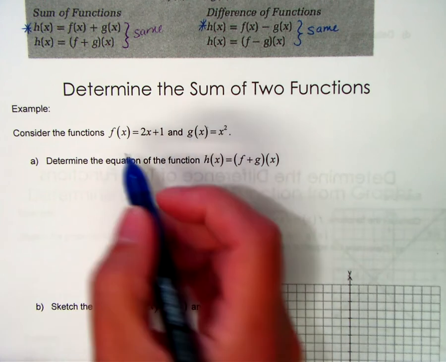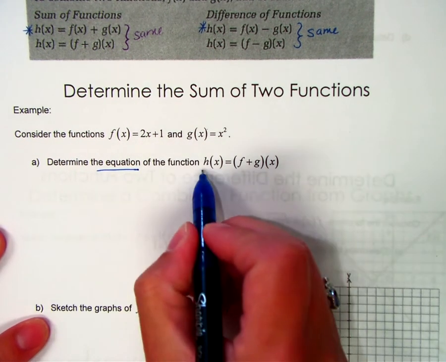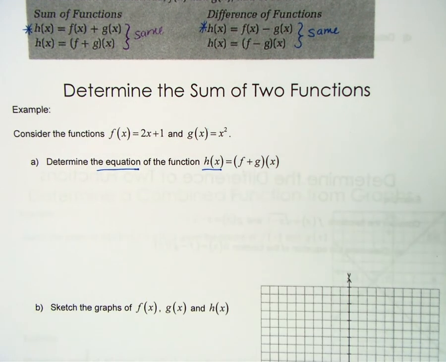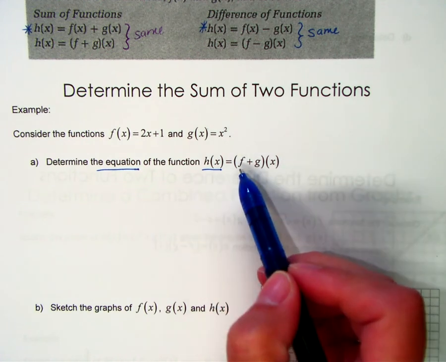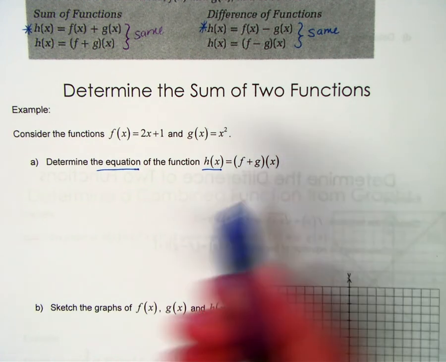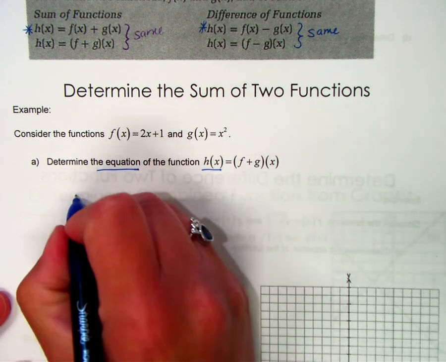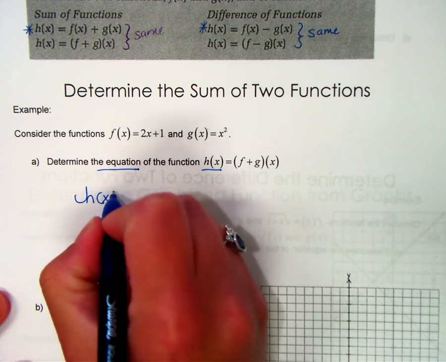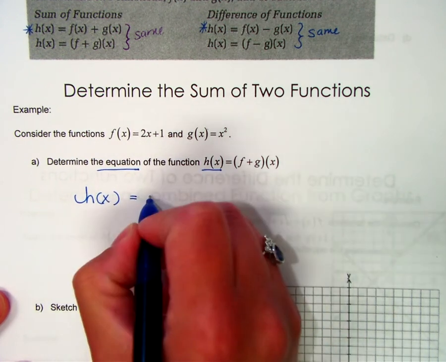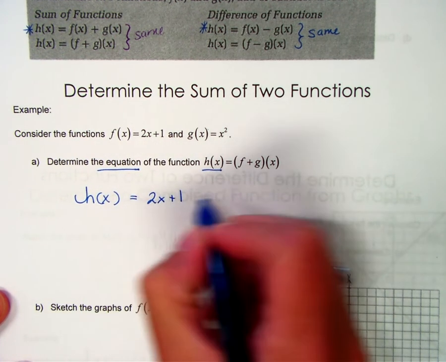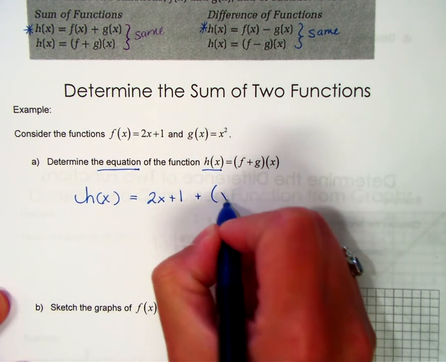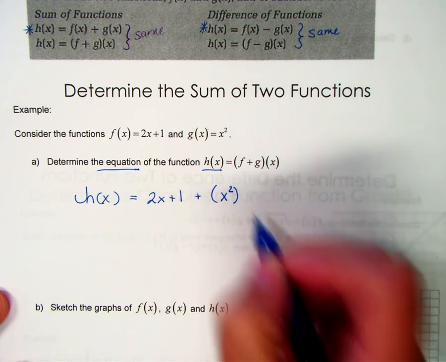Okay, so we're going to determine the equation of h of x. So it's named the new function. The new function is h of x, and h of x is made up of the (f + g) of x functions. So h of x is equal to f of x, and then we are going to add the g of x function.